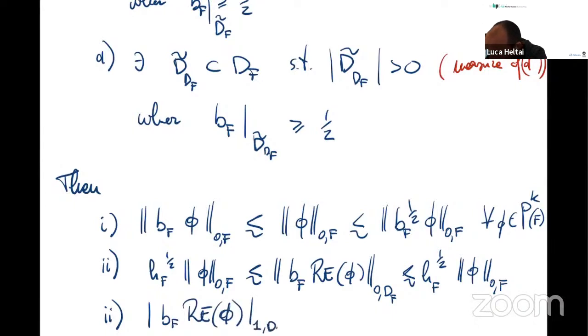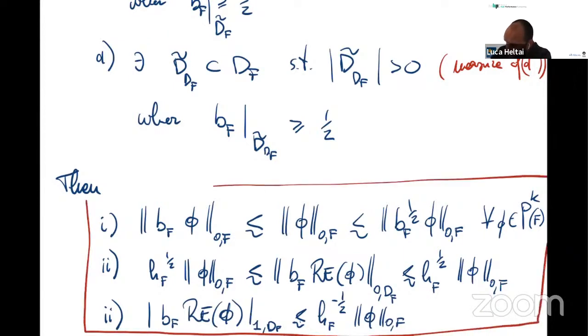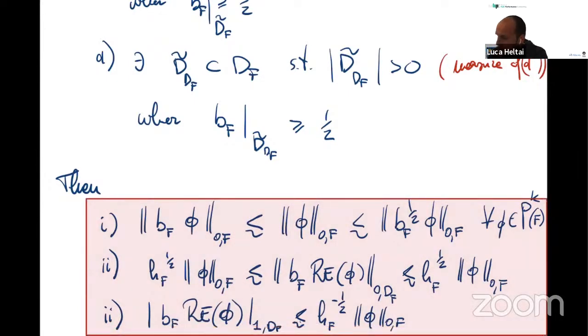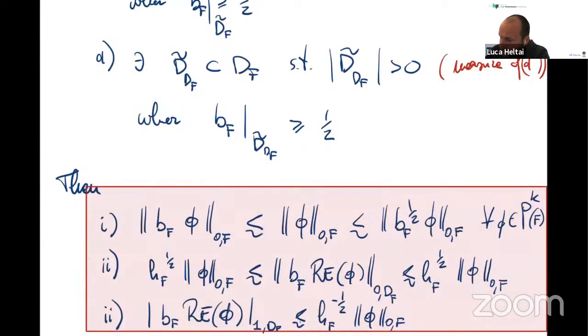This is on DF, and this time we have hF to the power -1/2, and then the norm phi on F. Okay, so I know this is a lot to take, but keep in mind these are very useful properties to have in your bag of tricks when you want to prove error estimates and a posteriori convergence analysis on finite elements.